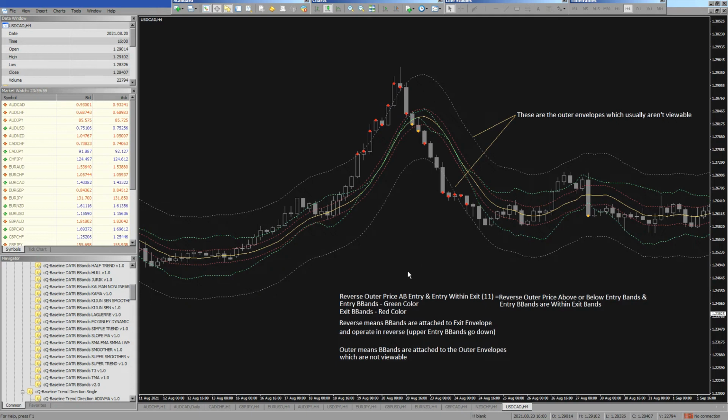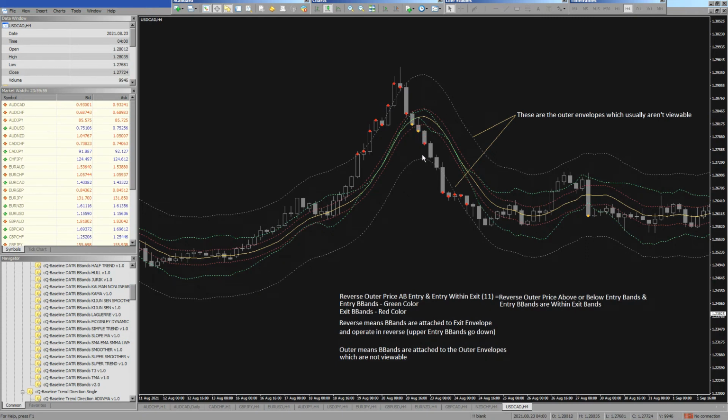Okay, this next mode is the reverse outer when price is above or below the entry level and the entry level is within the exit envelopes. So if you look here on this one, price is above the entry level, the green line, and the green line is within the red, which means the entry is within the exit envelope, so it draws a dot.